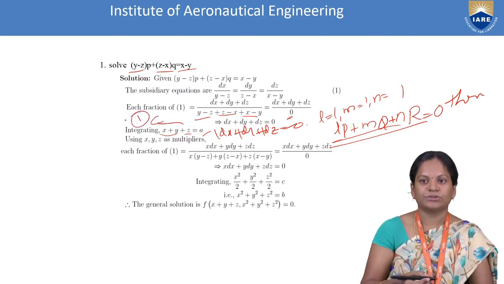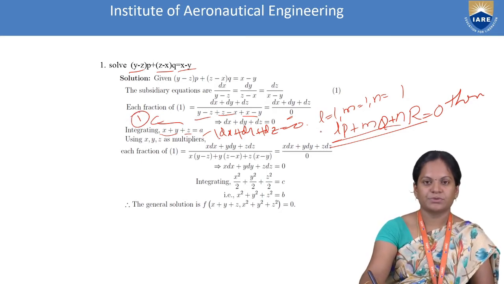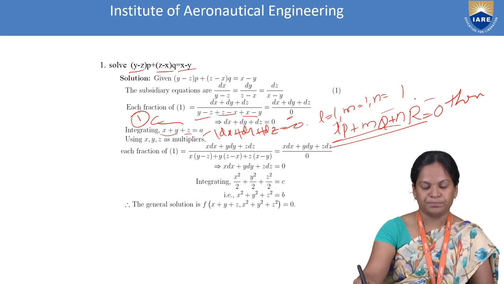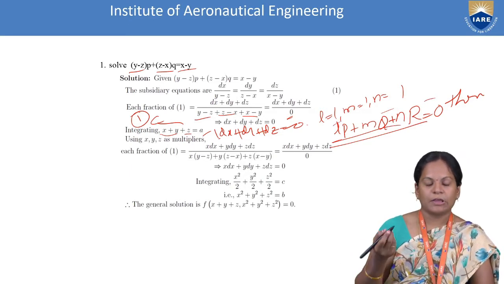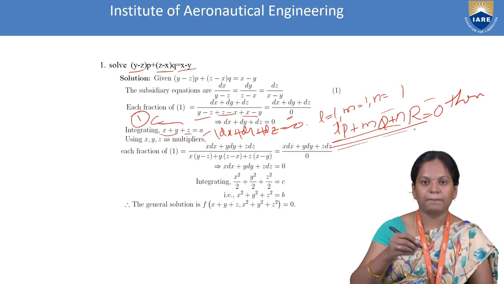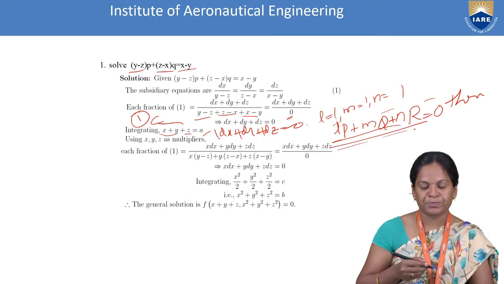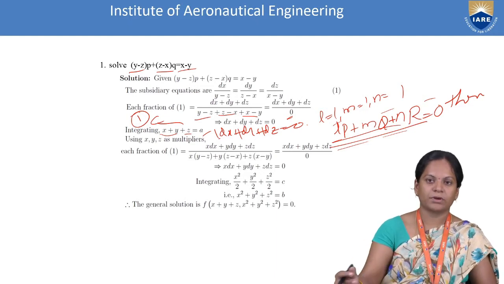For the second solution, take other multipliers. For the first, I chose L, M, N as 1s. Why did I choose L equal to 1, M equal to 1, N equal to 1? If we take the elements as 1, we have the condition that LP plus MQ plus NR is equal to 0. In the next one, the multipliers also we have to choose other than 1, 1, 1.